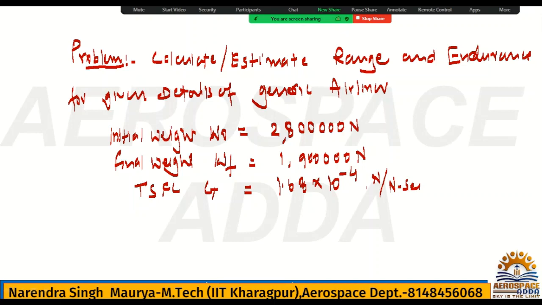So remember, the unit is Newton by Newton second. The generic unit is Newton by Newton hour, so that endurance will be in hour. But if you are writing Newton by Newton second, remember whatever endurance comes will be in second.